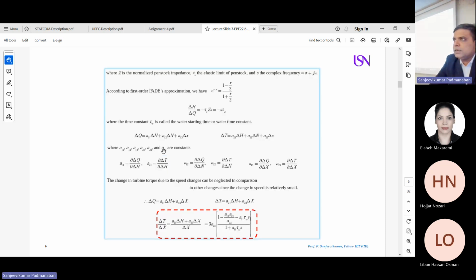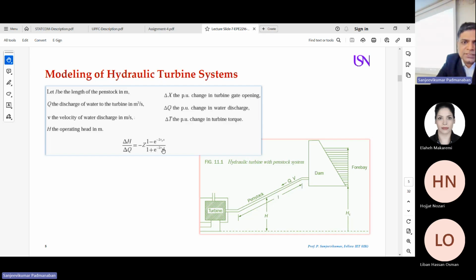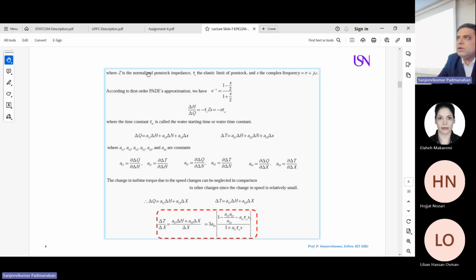Then if you look at the equation, the ratio of change in head to the change in water discharge is directly proportional to Z. What is Z? Z is the impedance of your penstock, the normalized impedance of your penstock.